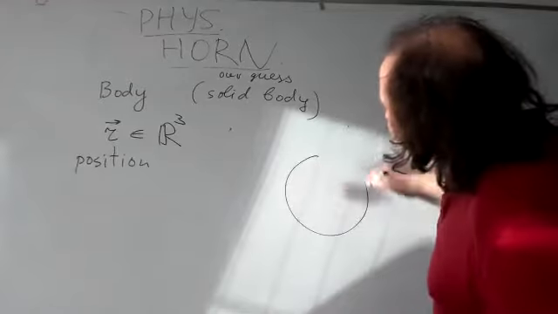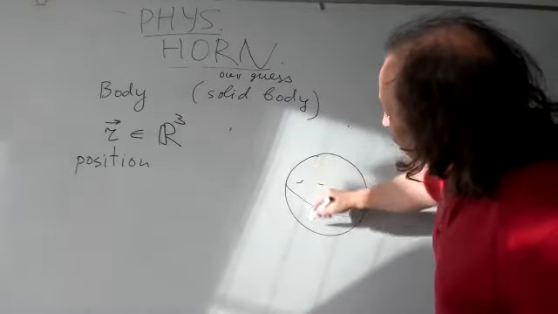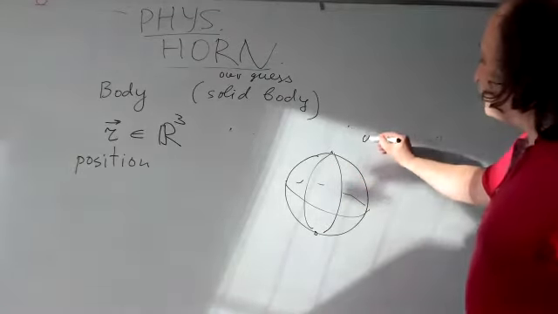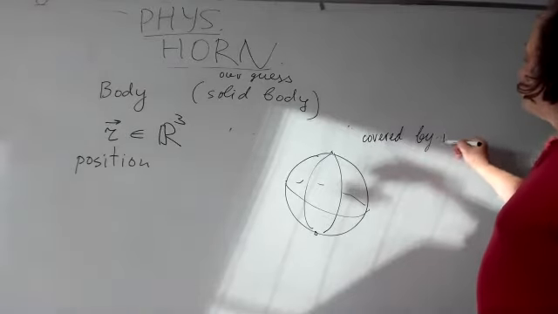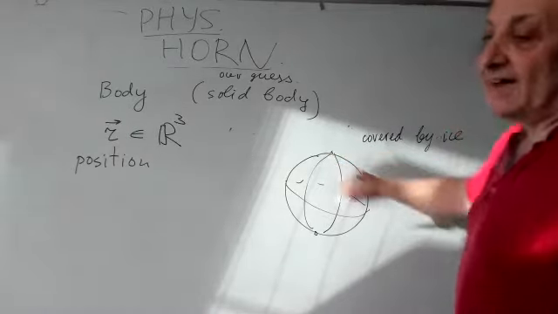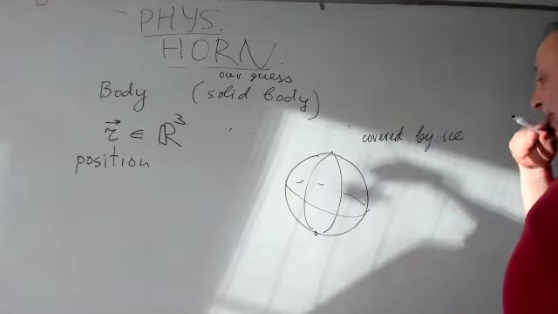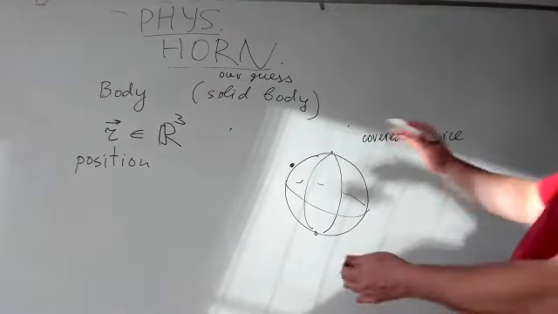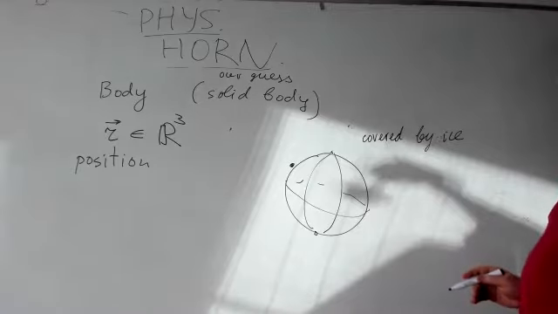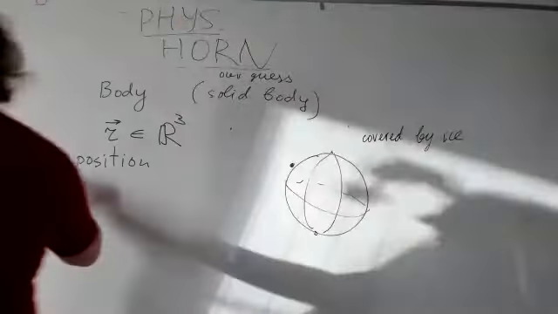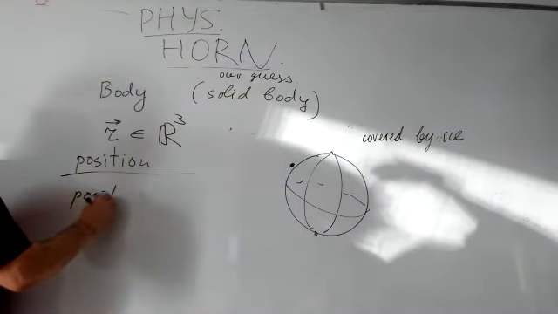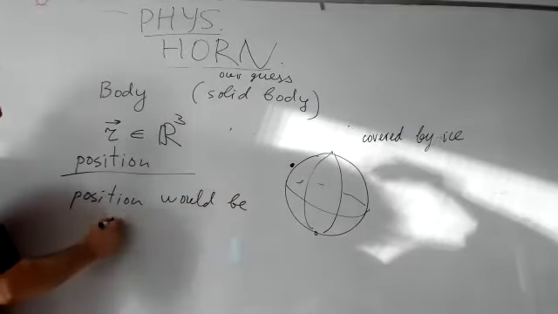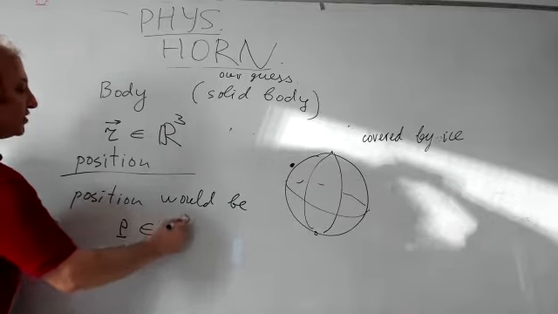Just imagine that our Earth is covered by ice, and it is exactly a round sphere, okay? Consider a small body on the surface of this Earth. In this case, position would be a point on the sphere.